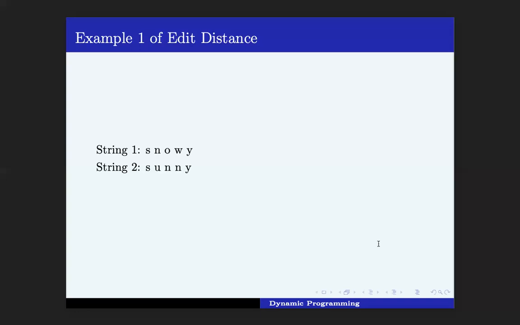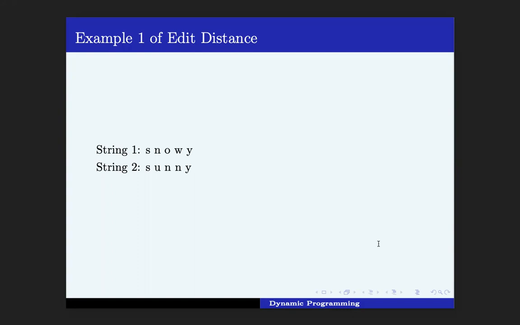Now, can I do something else? Is there any more efficient way of doing it? There is another way. I want to convert snowy to sunny. I will delete O. If I delete O, it becomes SNWY.